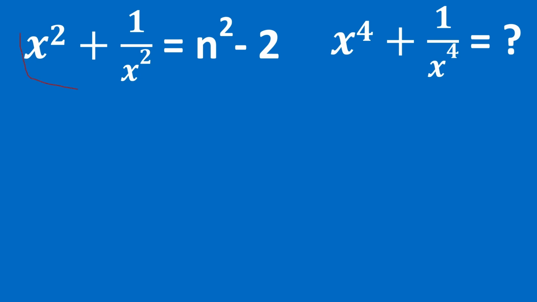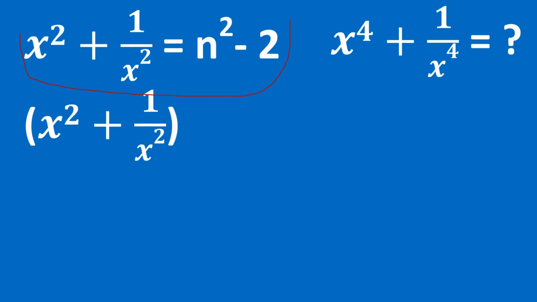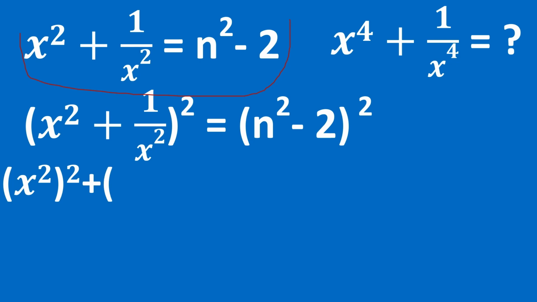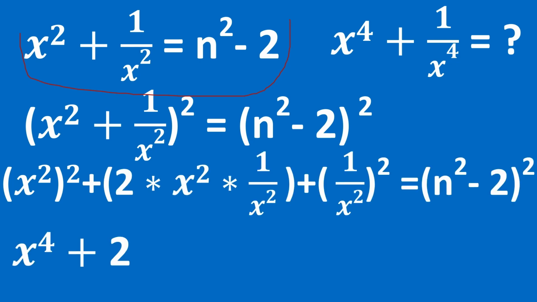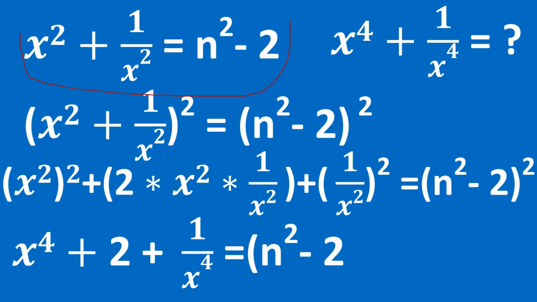So we will be squaring both sides of this expression, and that gives us x squared plus 1 over x squared, all squared, is equal to n squared minus 2, all squared. And by the time we simplify the expression, we have x raised to the power 4 plus 2 plus 1 over x raised to the power 4 is equal to n squared minus 2, all squared.